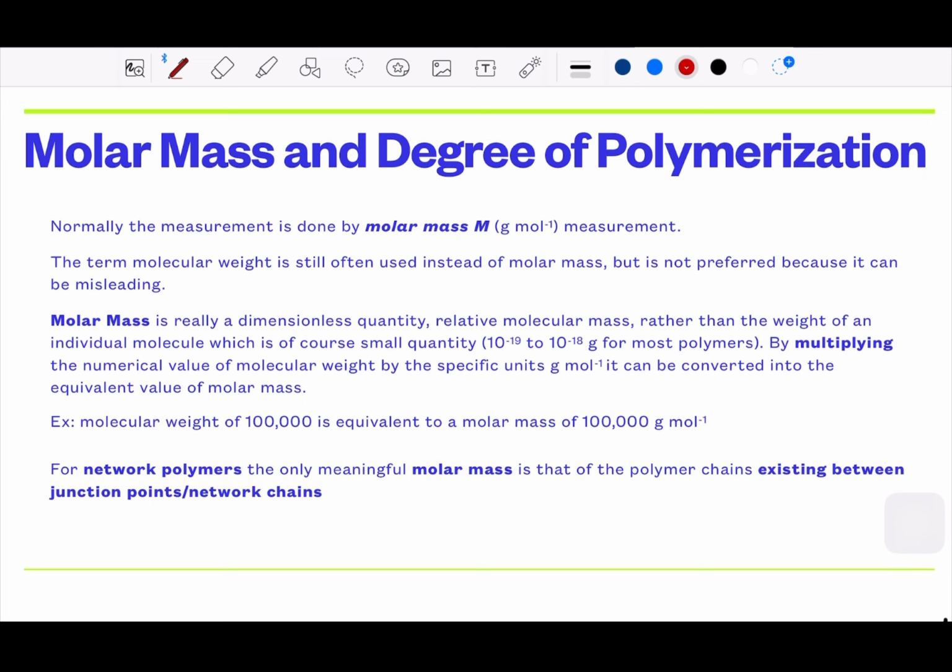Like when we say a molecular weight of 100,000, we can just say this molar mass is 100,000 grams per mole on average. And for network polymers, the molar mass is that between the junctions, the network chain.